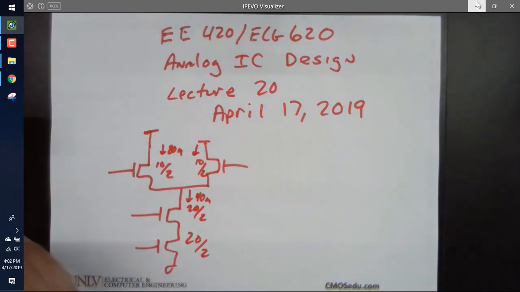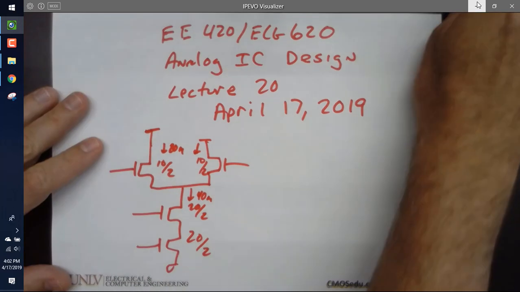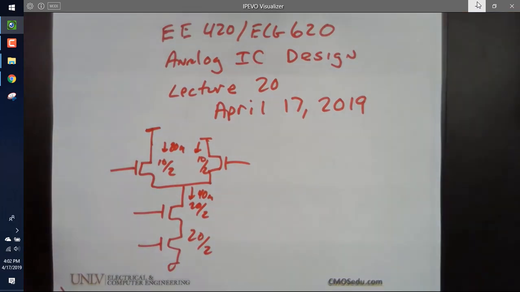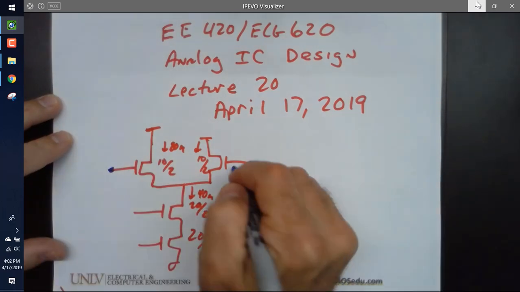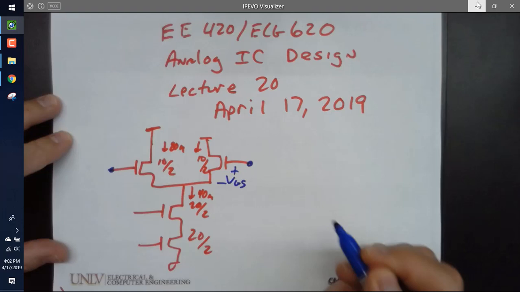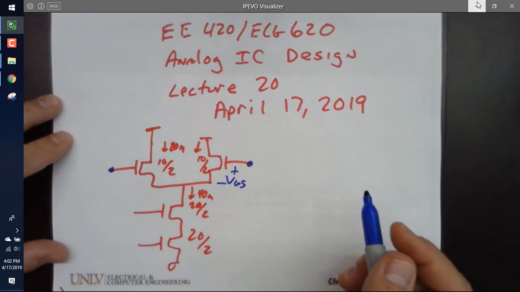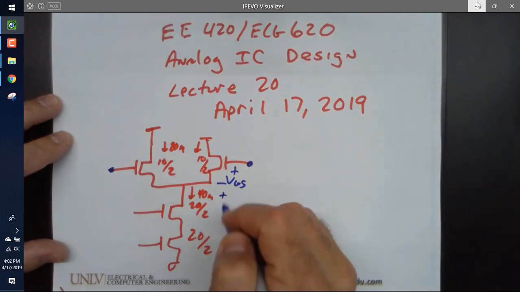All right, you're challenged by the input common mode range. So what's the minimum voltage I need here that's common to the 2 inputs? VGS, and what's the minimum I need across the cascode, the wide swing cascode?